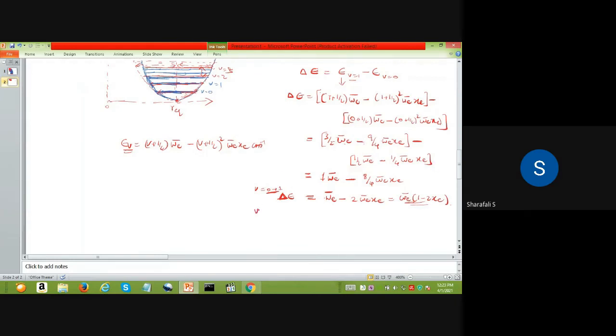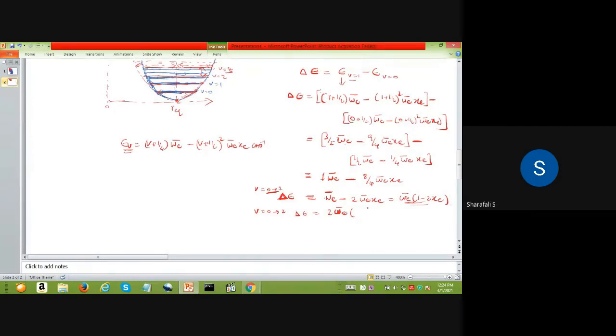Now, if you consider a similar transition from 0 to 2, we have delta epsilon equal to 2 omega E bar. I don't know whether I have written 2 in that case. Just check that in the last class, last section. I missed this 2.